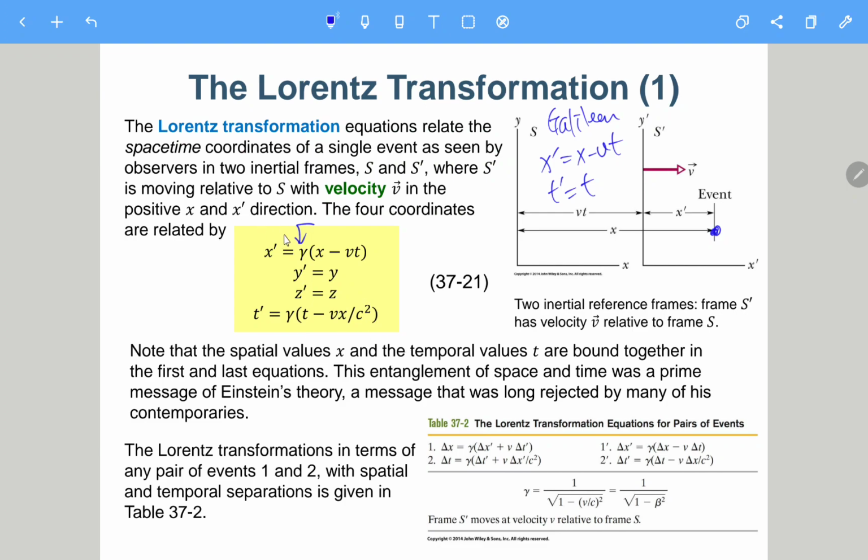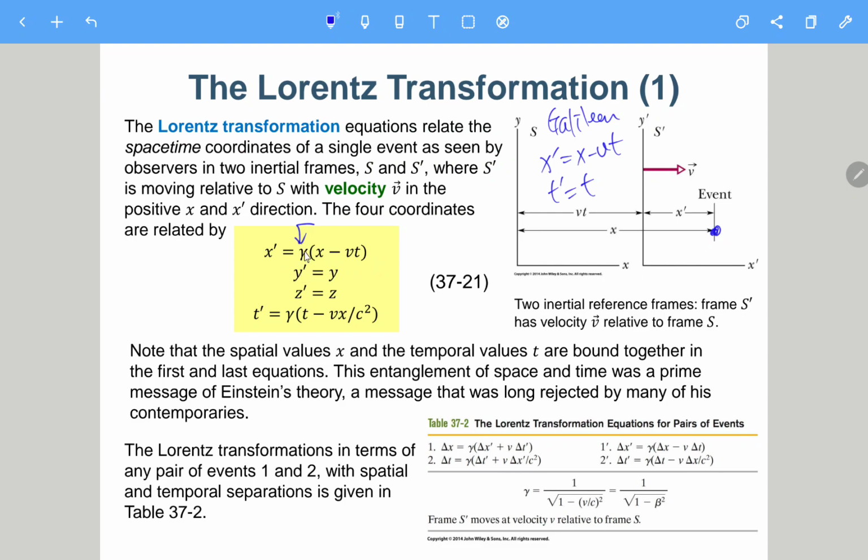Of course we suppose the velocity is parallel to the x-axis, so nothing changes for the y and z axes. Of course you can also move along y and z, but to make things easy, you can just assume our x-axis is parallel to the velocity.